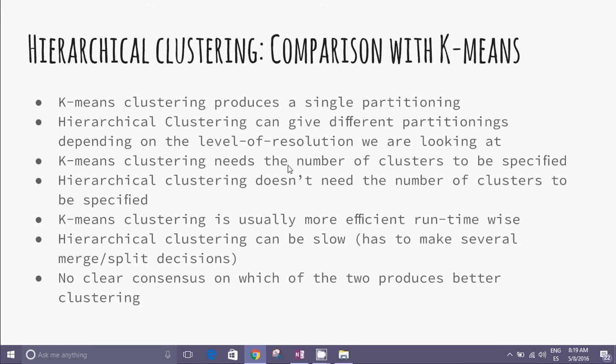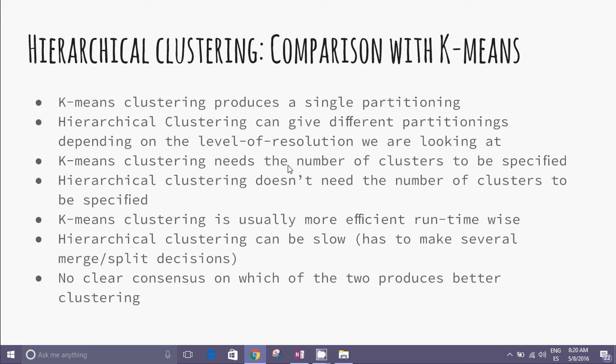K-means clustering needs the number of clusters to be specified. Hierarchical clustering doesn't need the number of clusters to be specified. K-means clustering is usually more efficient runtime-wise. Hierarchical clustering can be slow, as it has to make several merge or split decisions.